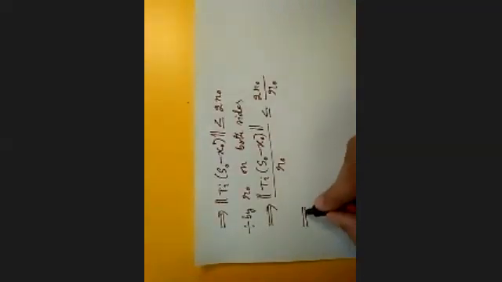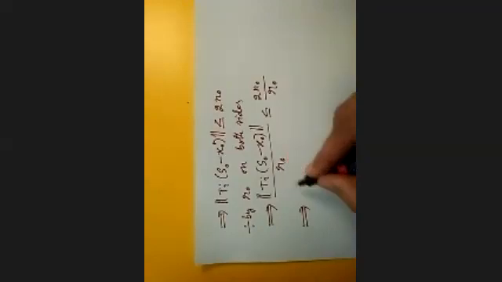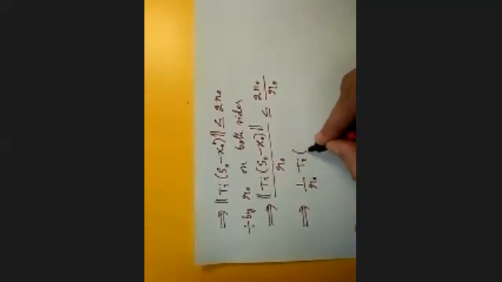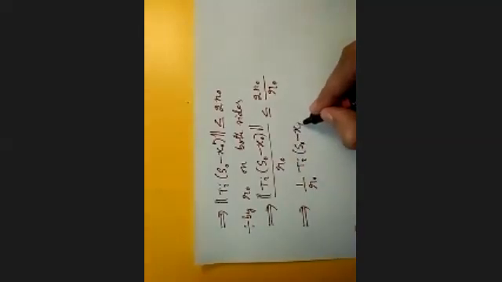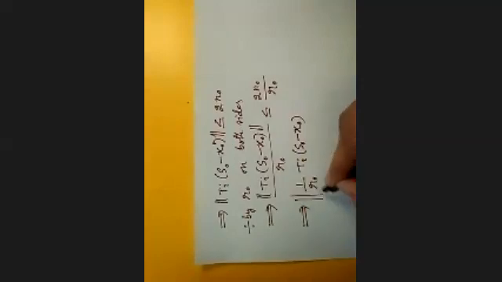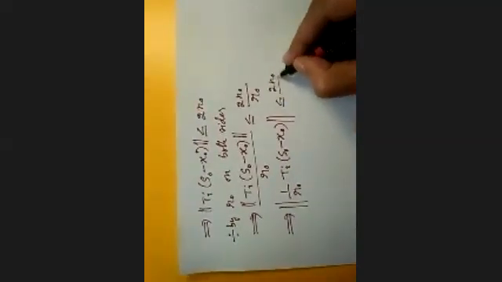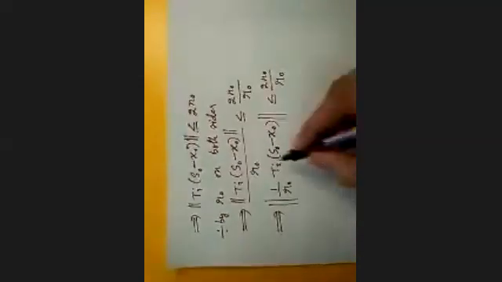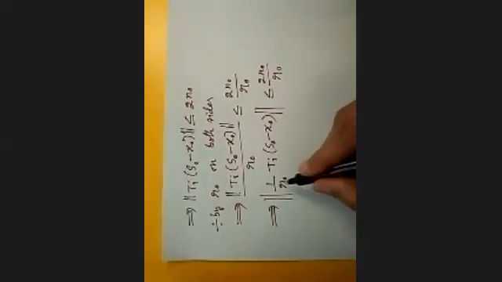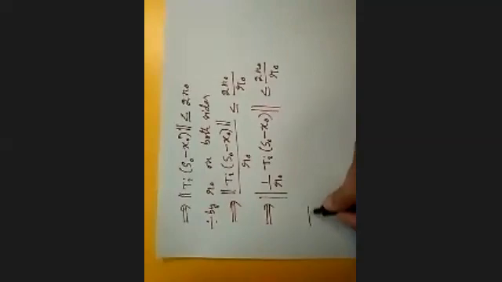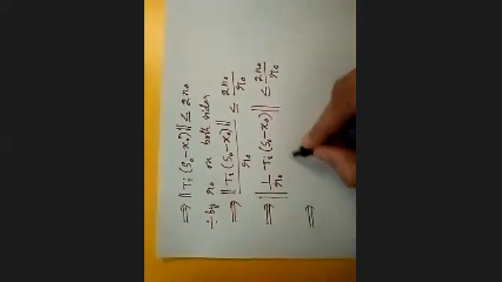Now R naught is positive, we'll take this inside. So 1 by R naught Ti of X naught minus X naught lesser than or equal to 2N naught by R naught. This is by using the norm property, which is alpha is taken inside. Now we can still take this inside.